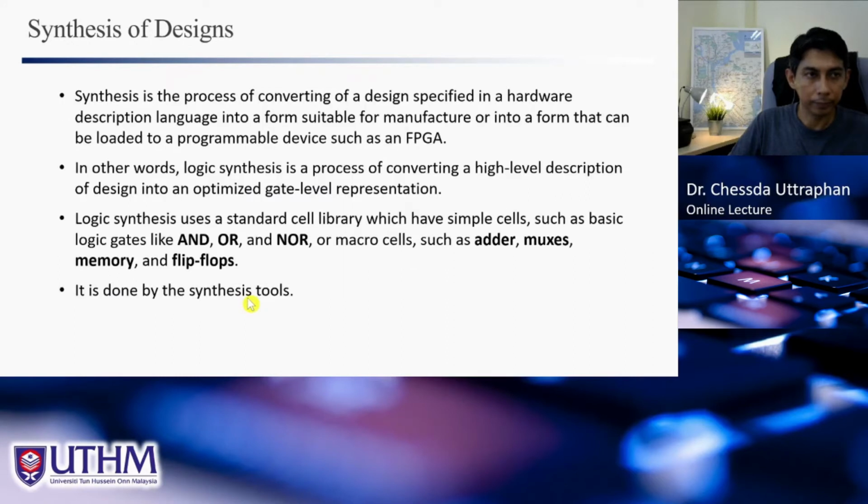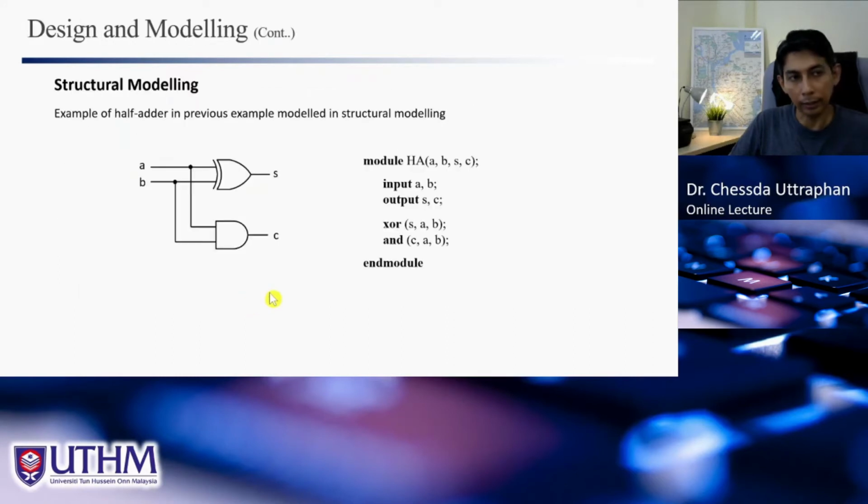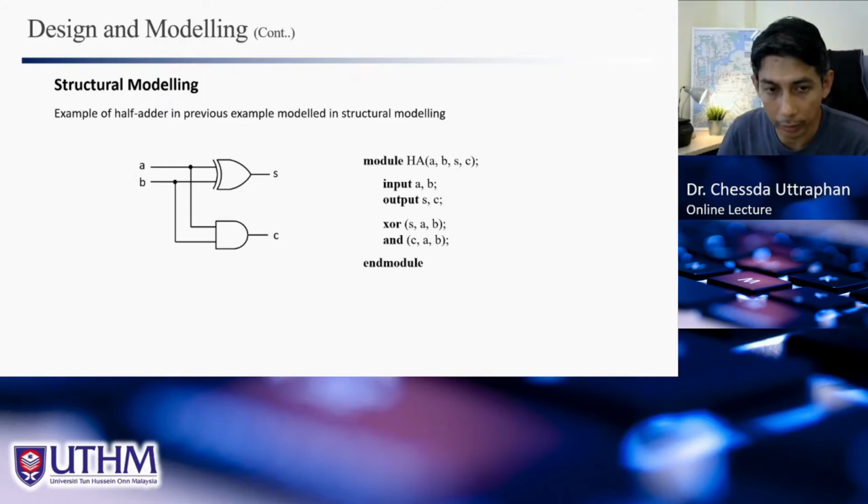All right. So that is design modeling. So remember, we have 3 design modeling. The first one is data flow modeling. The second one is behavioral modeling, and the third one is structural modeling. All of these we will use a lot in our course later on.